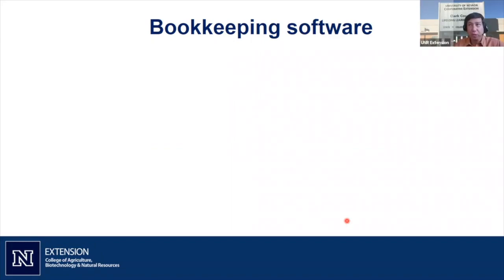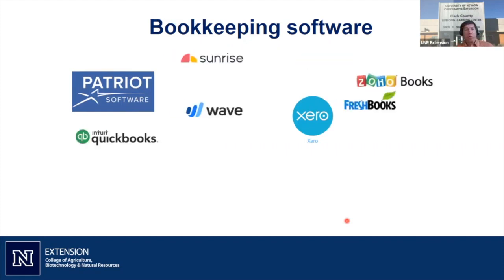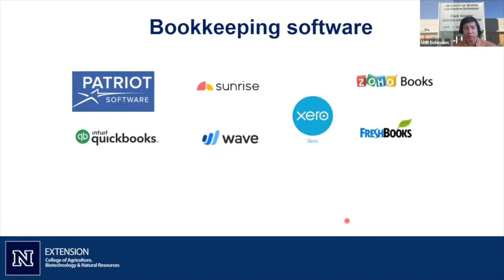Okay, so there are a lot of software options out there. We got Patriot, we got Zero, we got Zoho, we got QuickBooks, of course. QuickBooks is losing market, really. I tell you that. There are Wave, Xero, FreshBooks.